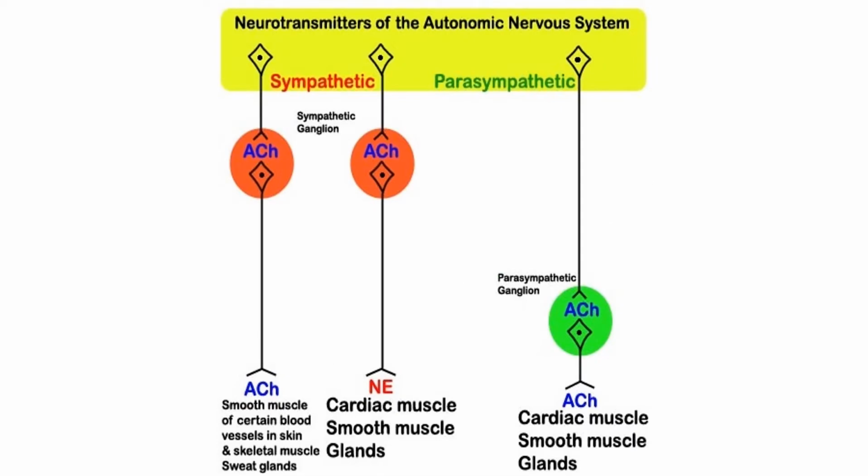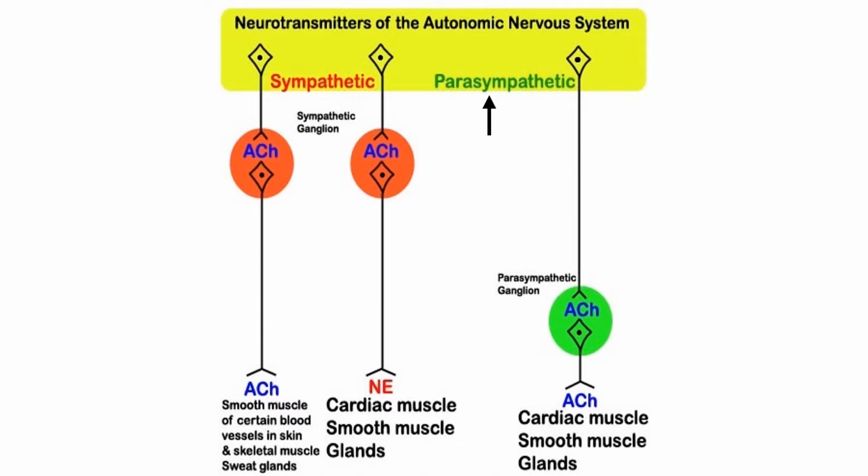When you look to the left of this figure, you can see the arrangement of the sympathetic system. A short axon of a neuron, which is called the preganglionic, then a ganglia near the first neuron, and then it has a long postganglionic axon to reach the target organ.